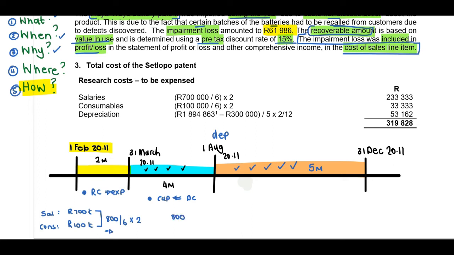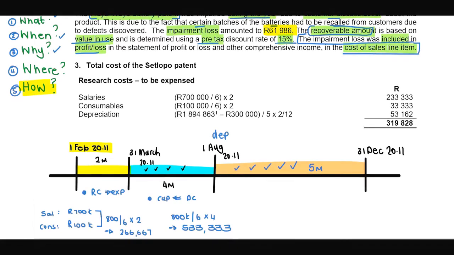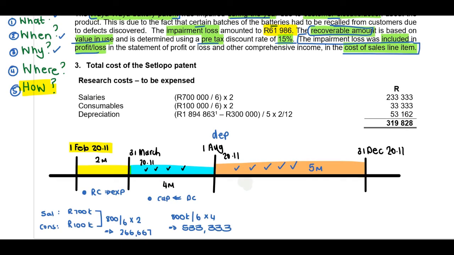Then the 800,000, divide this by 6 times 4. And this will be our development. Therefore, our research, we will expense 266,667. And our development 533,333, we will capitalize.